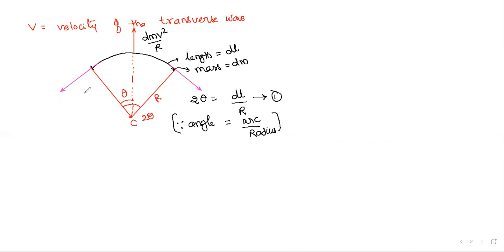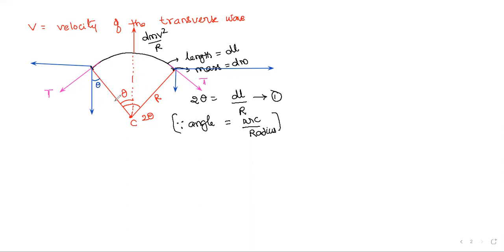This is the tension T. If I take a horizontal like this here and there, and the vertical also like this, and if this angle is theta, then it is also theta.